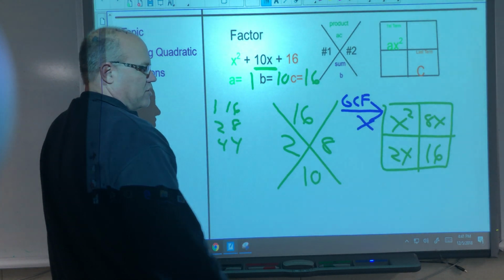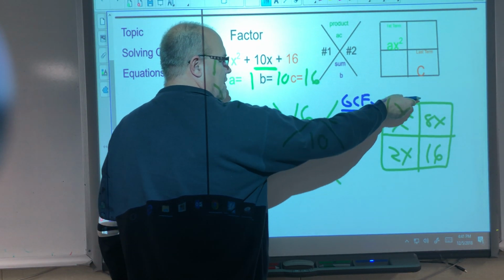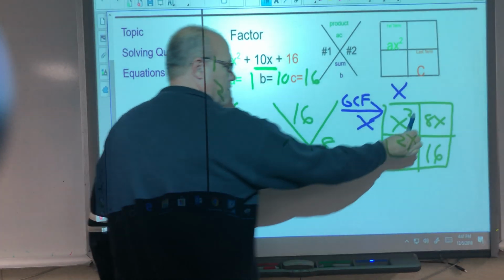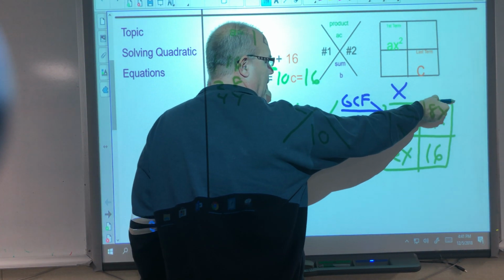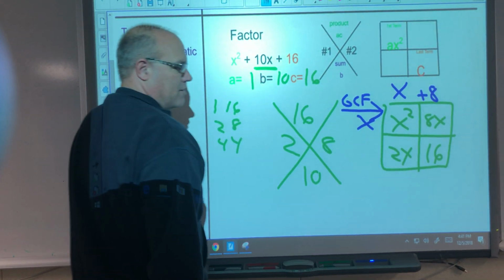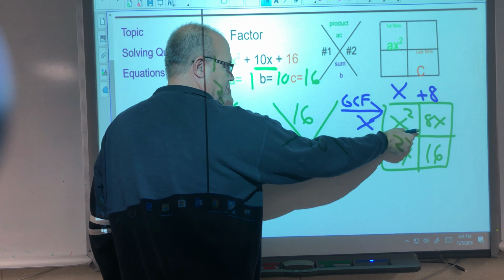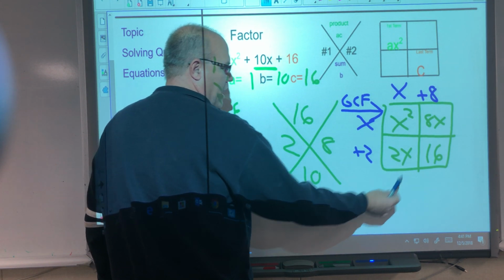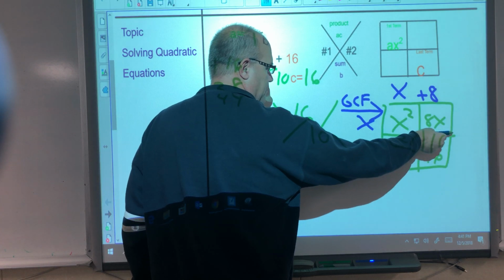Now it's just multiplication, right? X times what gets you x squared? X. X times 8 equals 8x. X times what equals 2x? Well, that's 2. And then double check, is 2 times 8 16?